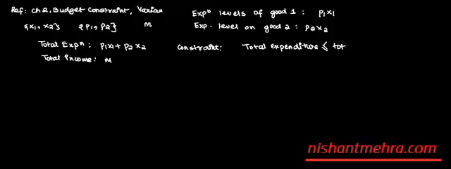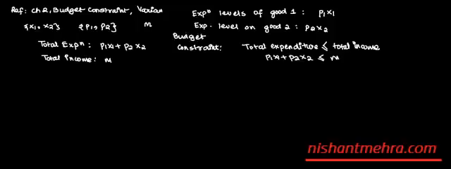is less than or equal to total income. So total expenditure is P1X1 plus P2X2, is less than or equal to income. Is that right? So this is what your budget constraint is. I should rather write this as the budget constraint.